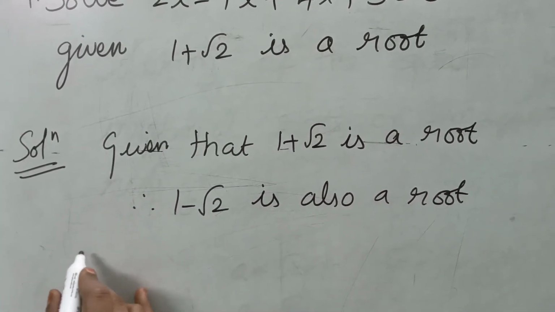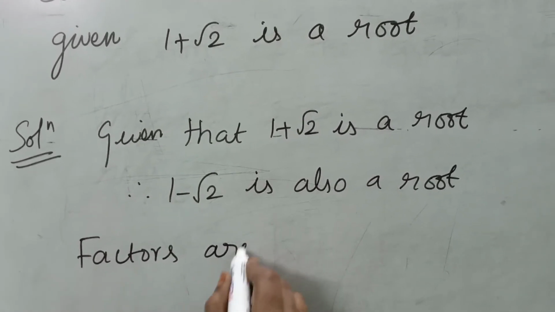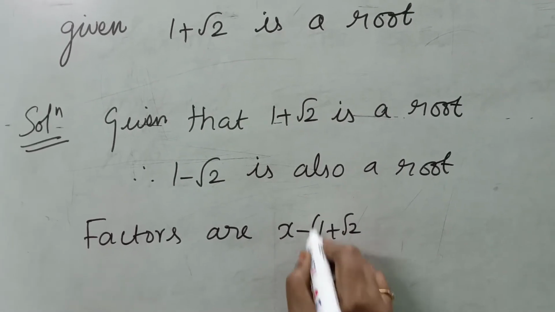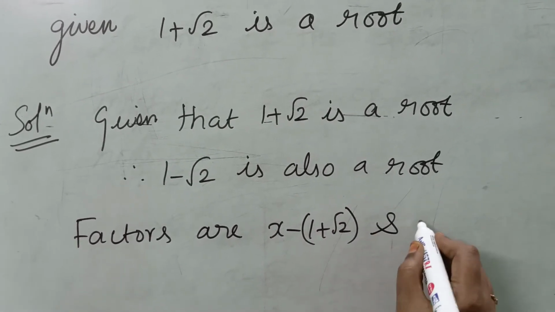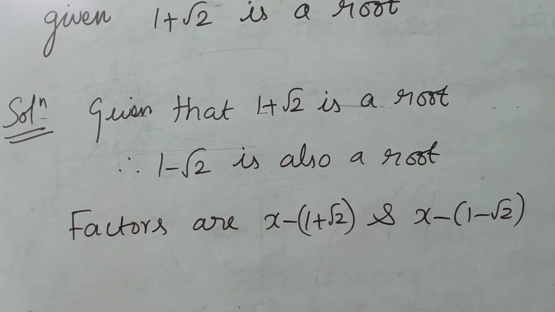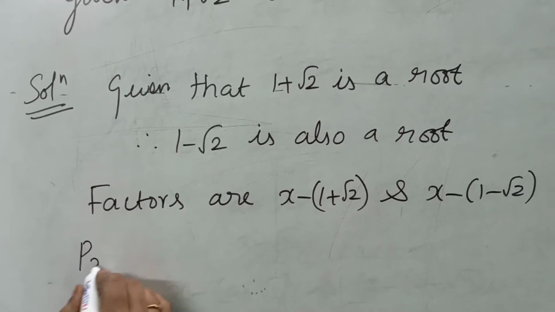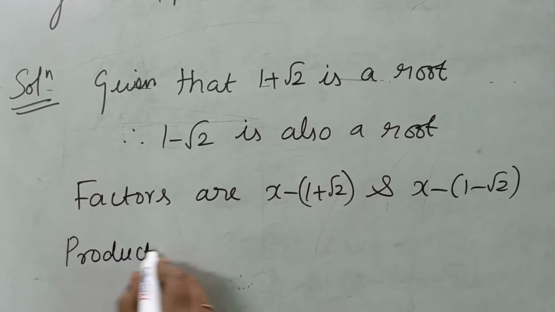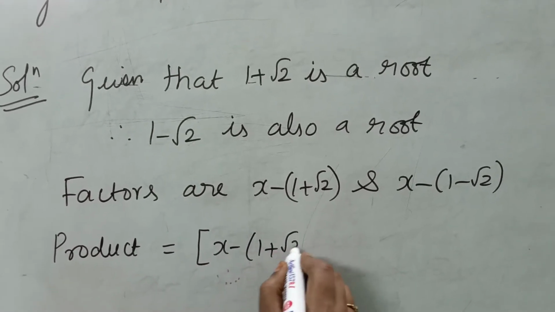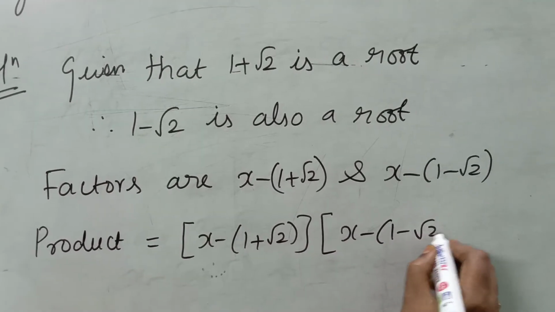Then the factors are x minus of 1 plus root 2 and x minus of 1 minus root 2. These two are the factors. Product of these factors equals x minus of 1 plus root 2 into x minus of 1 minus root 2.